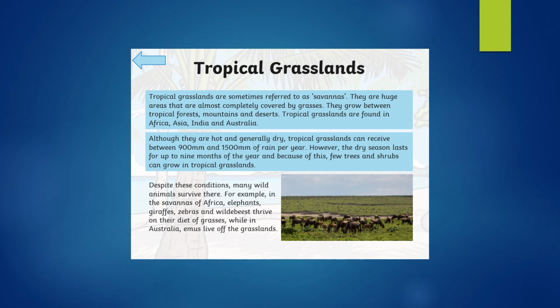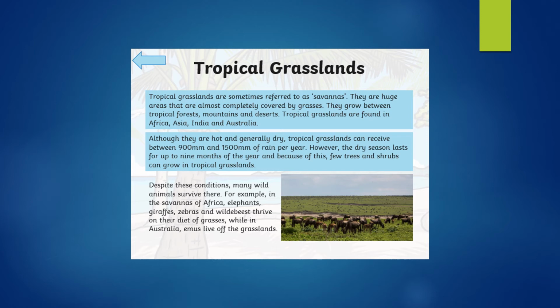Tropical grasslands. Tropical grasslands are sometimes referred to as savannas. They are huge areas that are almost completely covered by grasses. They grow between tropical forests, mountains, and deserts. Tropical grasslands are found in Africa, Asia, India, and Australia. Although they are hot and generally dry, tropical grasslands can receive between 900 millimetres and 1,500 millimetres of rain per year.